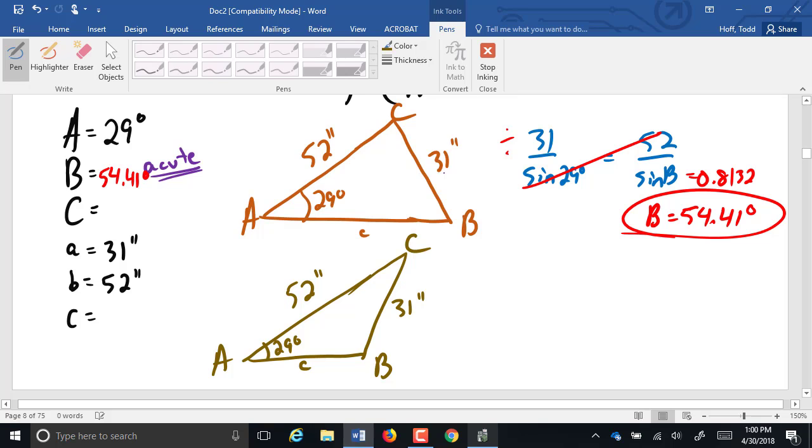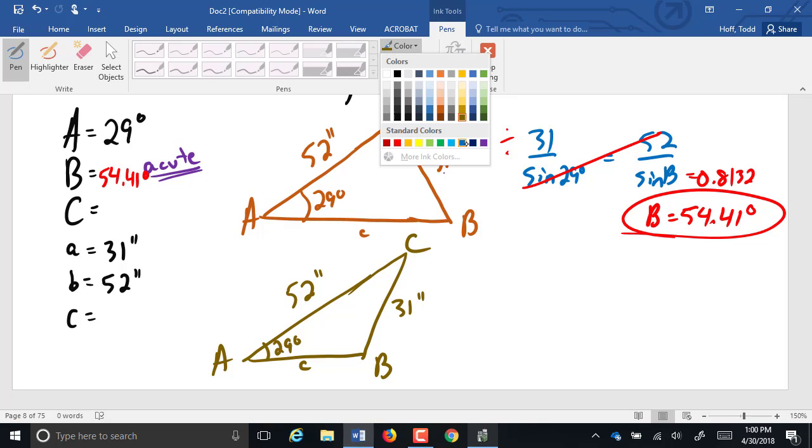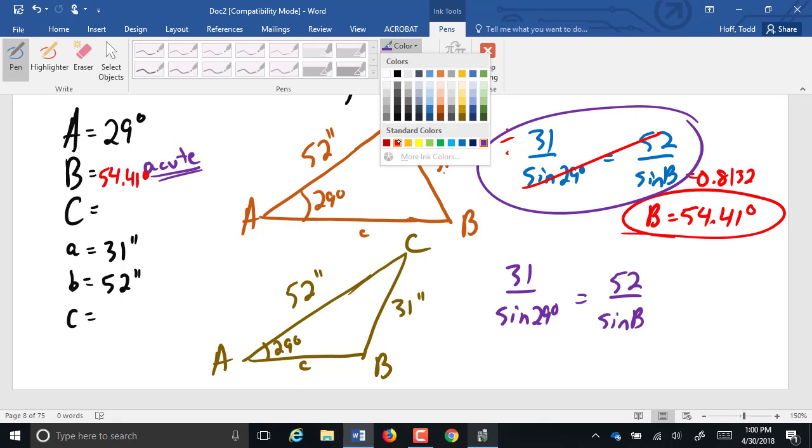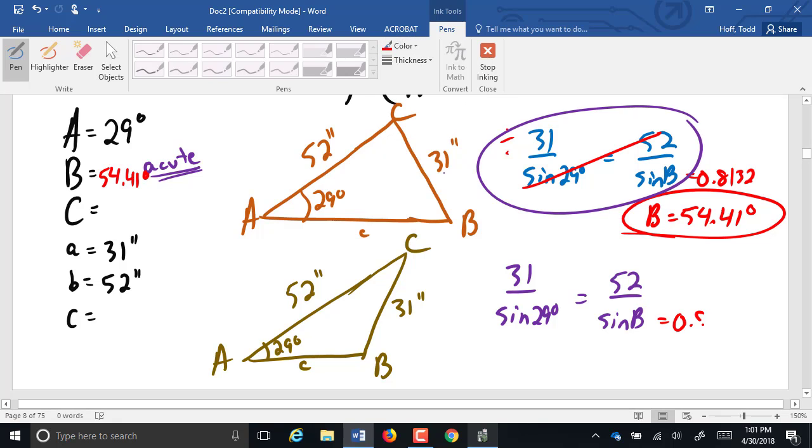How would I find angle B? I'd do exactly the same thing I just did here. And when I cross multiply and divide, I would still get that sine of B is 0.8132. But how can I get an angle other than 54.41 then?